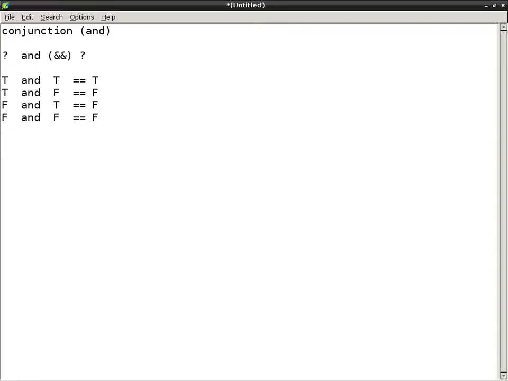The OR operator is defined similarly, except this time I'm going to use a quicker and easier representation. We have an independent variable x, and then we have another one called y. And then we want to define x or y. In C++, it is a double vertical bar to represent logical OR. x can be true, can be false. When x is true, y can be true, y can be false.